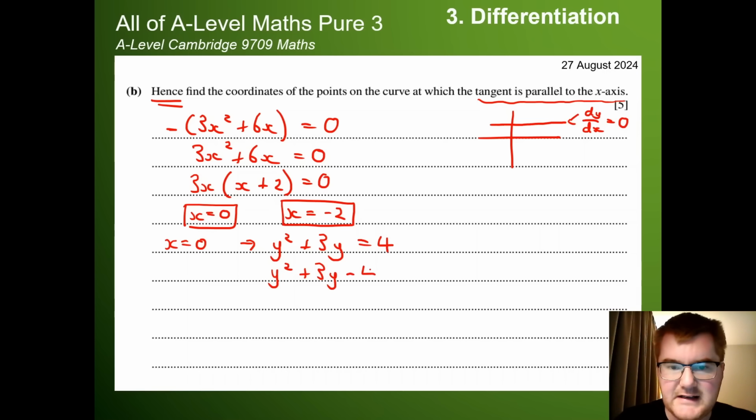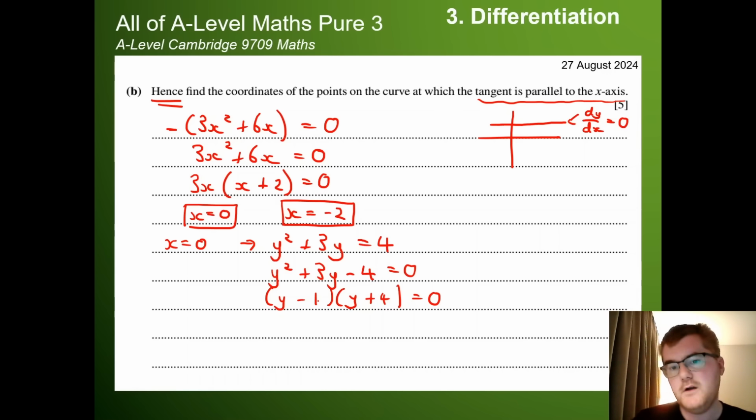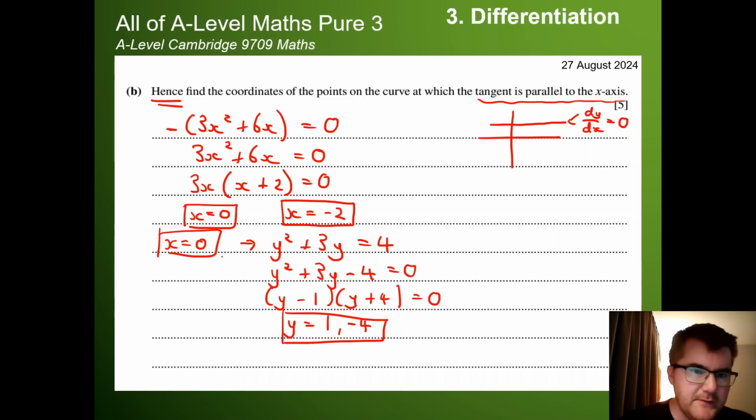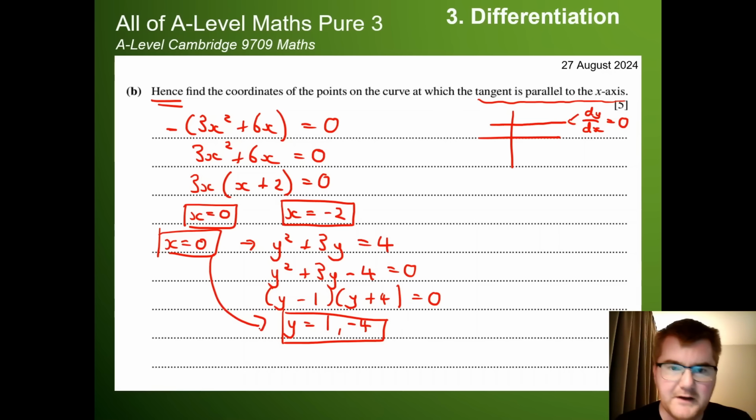Everything just leads back to quadratics. This actually factorizes nicely, which is pretty handy. So we have plus 4, minus 1, all looking good. And therefore y has to either equal 1 or minus 4. So this is our first answer. When x is 0, then we have either 1 or minus 4.